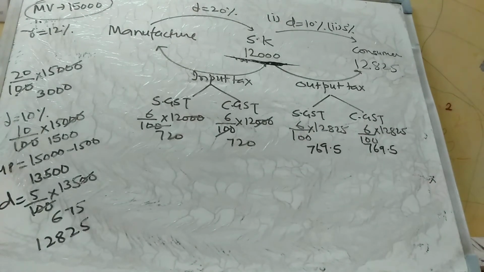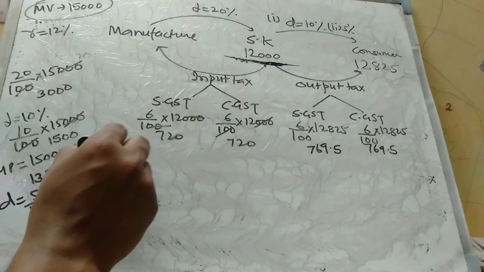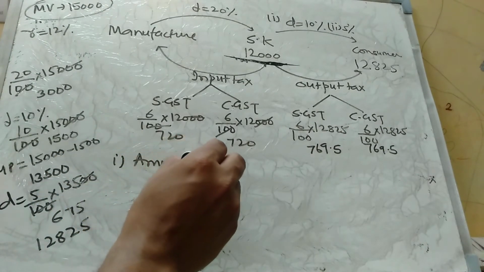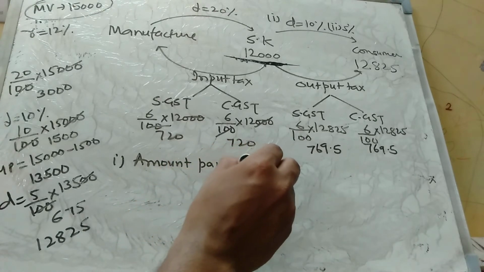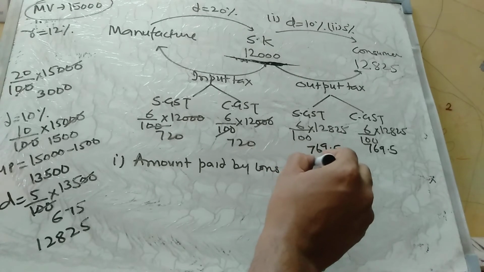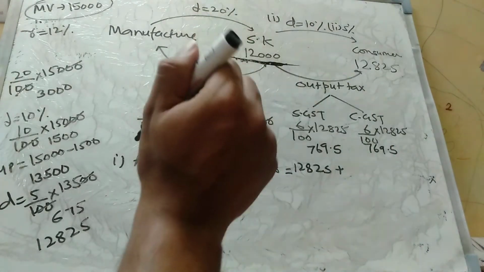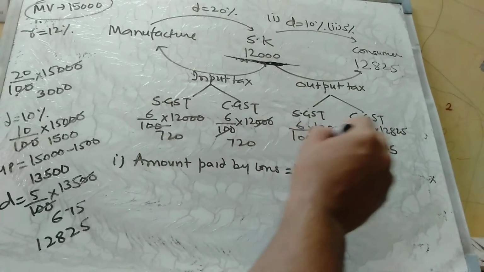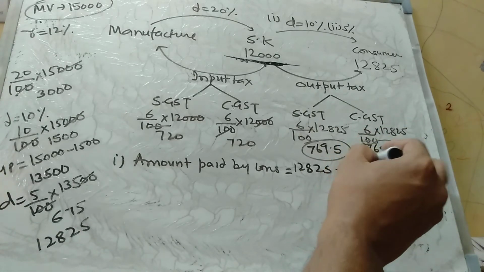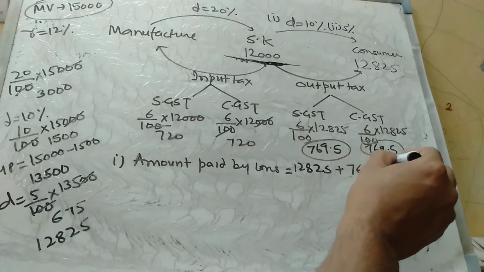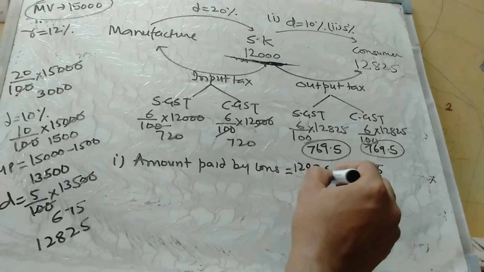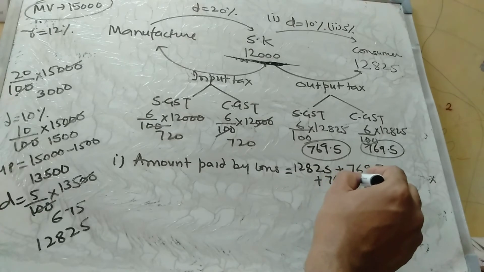Now what we have to find out in this? Amount paid by the consumer. The consumer will pay 12,825 plus the output tax. So total output tax will be 769.5 plus 769.5.